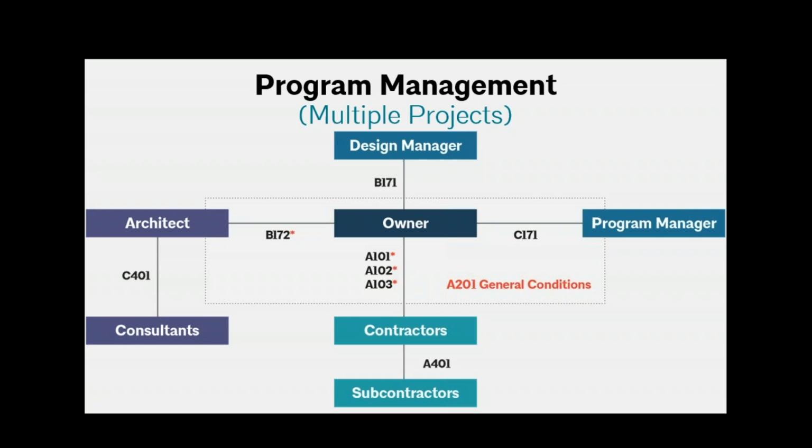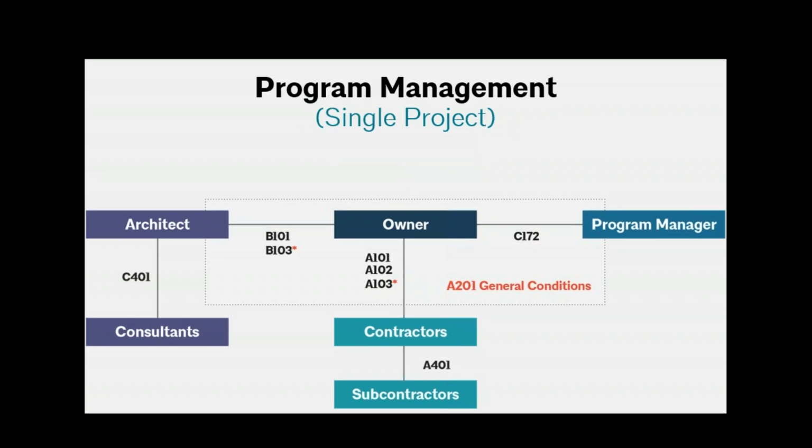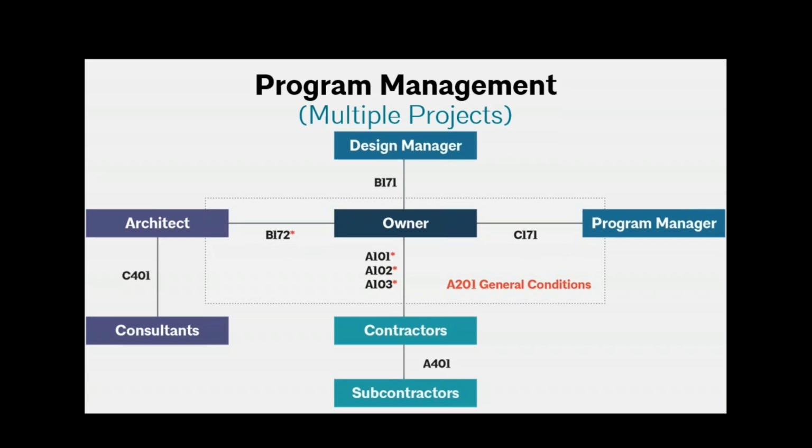So the design manager concept is for multiple projects, as opposed to a single project. So for a single project, you don't have the design manager. Exactly. Single project is just program manager. But for multiple projects, you'd have a design manager to develop that multiple project program. Hope that makes sense.